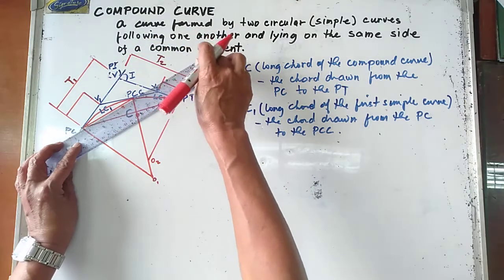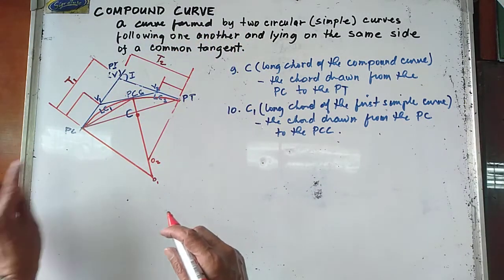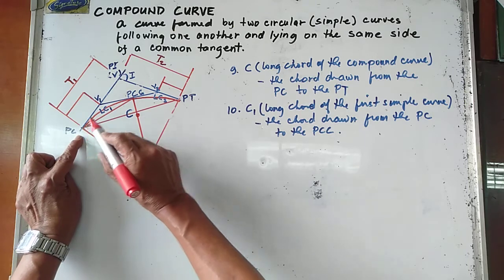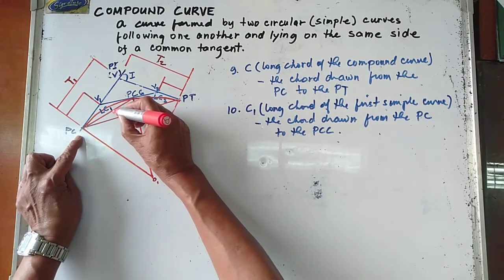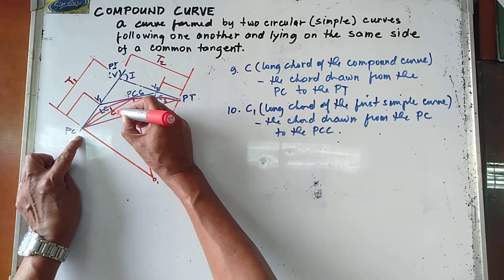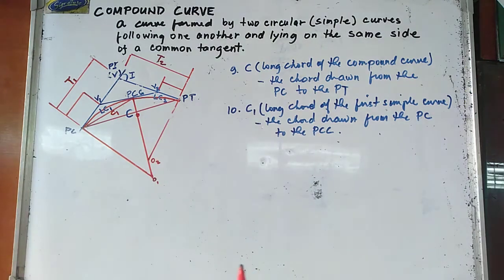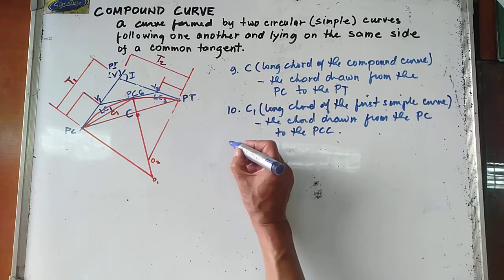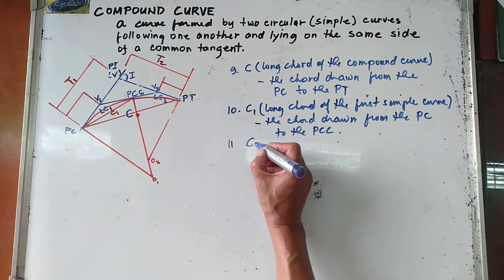That is the chord drawn from the PC to the PCC. We consider that one as C sub 1. Another one is your C sub 2, capital C2.